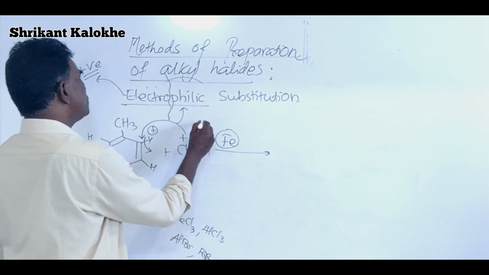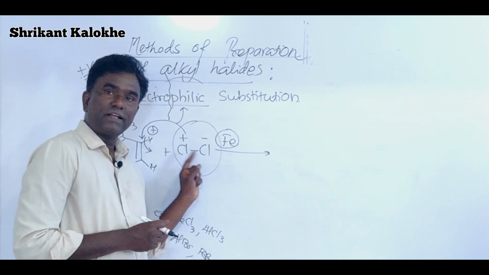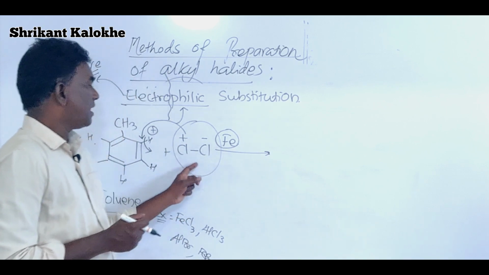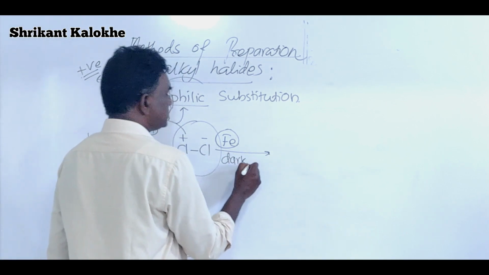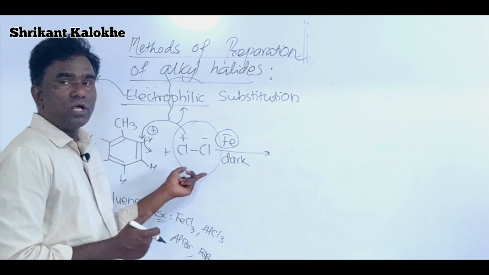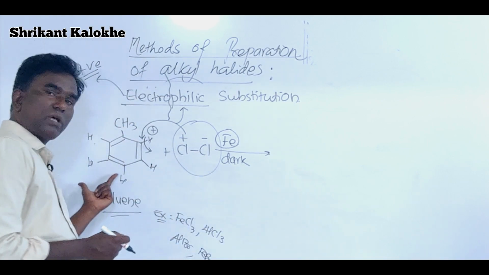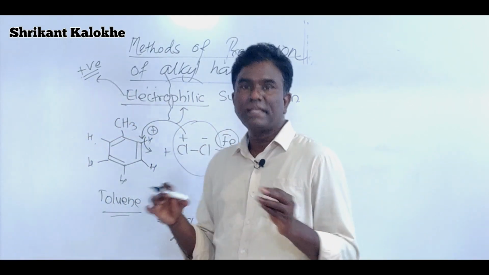And so as to get this molecule broken into cation and anion, we have to maintain darkness during this reaction, because if there is sunlight, in 11th standard you have studied that those halogens and even those hydrocarbons break in a symmetrical manner to produce free radicals.